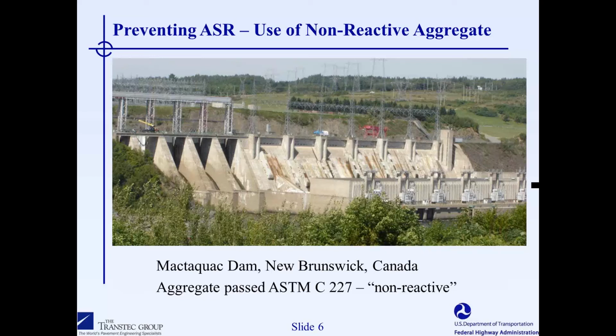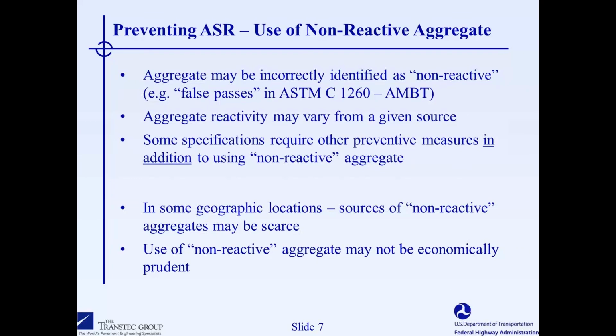And the aggregate actually passed both tests and was declared as being non-reactive. Here we are about 60 years later, and the dam has actually grown in height by 7 inches already, and it really is a very severe case of alkali-silica reaction. So that's one problem associated with this option: our aggregate is only as non-reactive as our tests tell us it is, and we're relying very much on the test methods in this sense.